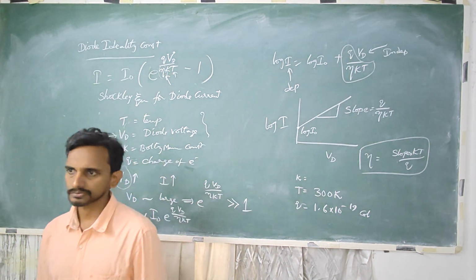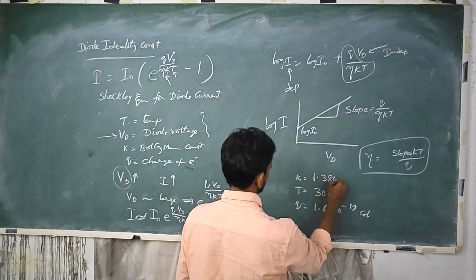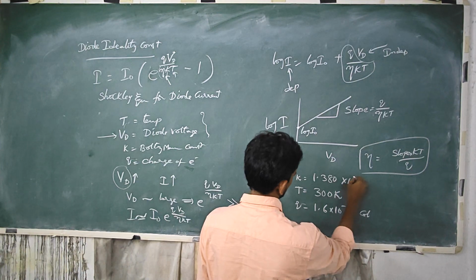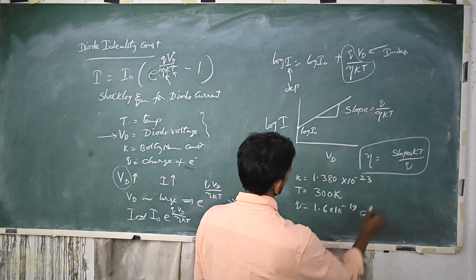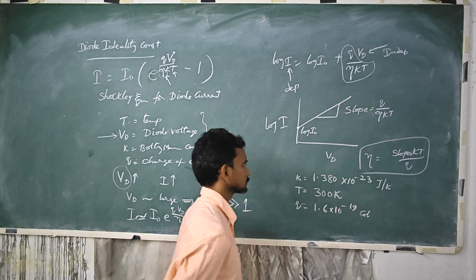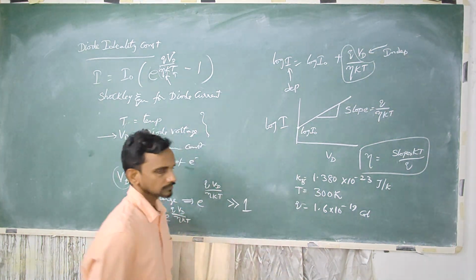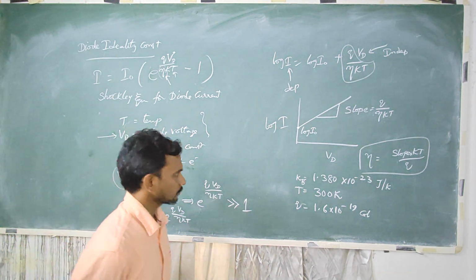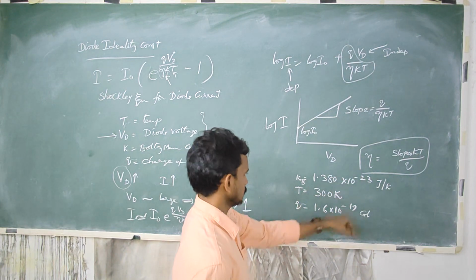Boltzmann constant is 1.380649 into 10 to the power of minus 23 meter square kg per second square per kelvin, that is joules per kelvin. So q and k.